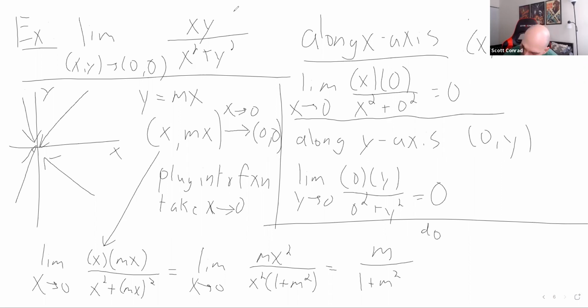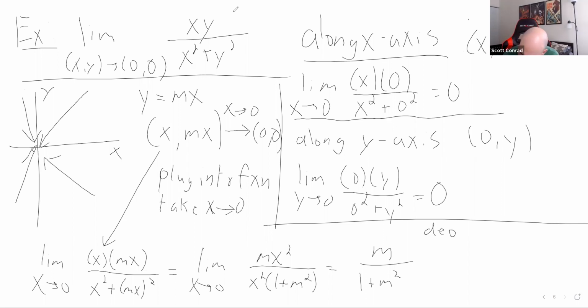Okay, since we can let m be anything, and different values of m represent different lines, notice depending on what m I put in here, I'm going to get a different limit, right? If I plug in m equals 0, I get 0 for the limit. If I plug in m equals 1, I get 1/2 for the limit, and so on and so forth.